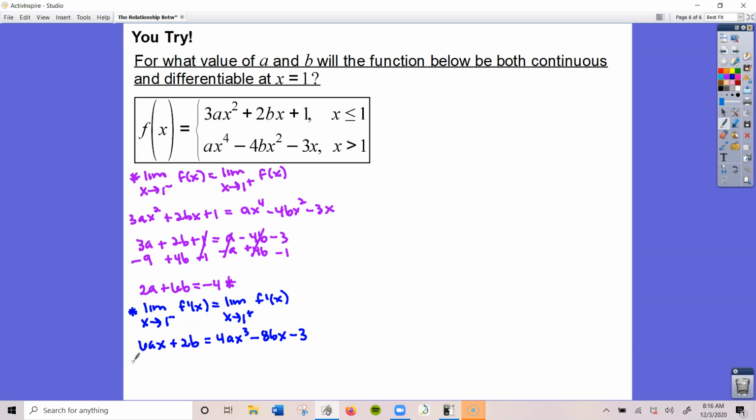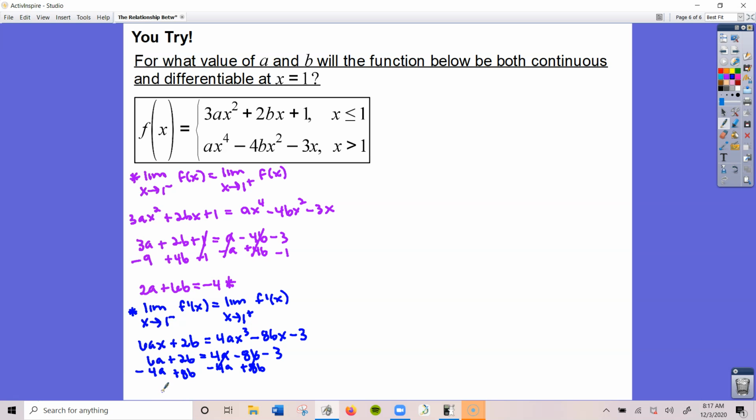Now we plug in x equals 1, and that would give us 6a plus 2b is equal to 4a minus 8b minus 3. Again, I'm going to move my a's and b's over to the left side and any constants over to the right. In this case, I just have to subtract this 4a and add the 8b.